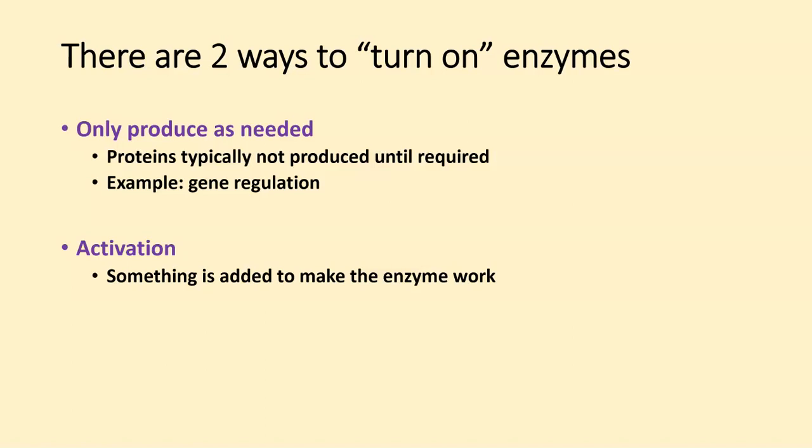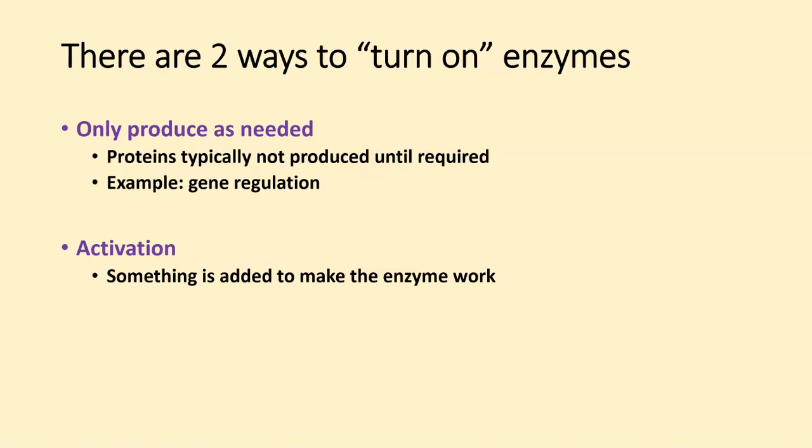So perhaps the cell doesn't have that enzyme readily available, but through gene regulation, through its genetic code, in a particular stage of its life cycle, it's going to start producing a specific enzyme when needed, instead of just wasting energy and materials to make something that it doesn't actually need all the time.